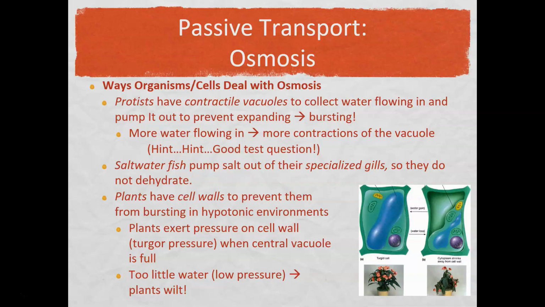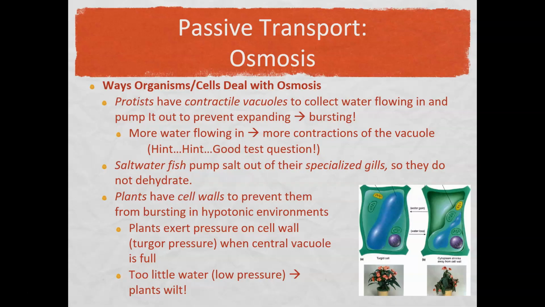So these protists, as a way to survive in those potentially hypotonic situations, have actually evolved those contractile vacuoles that we talked about last unit. Remember that these contractile vacuoles are sort of like a sump pump in your basement. The pump sits in your basement. If water gets in, it turns that pump on. That pump's job is to pump the water out of your basement.